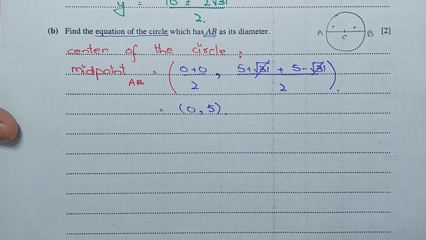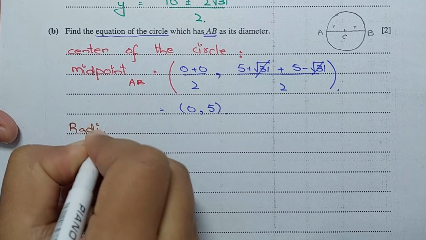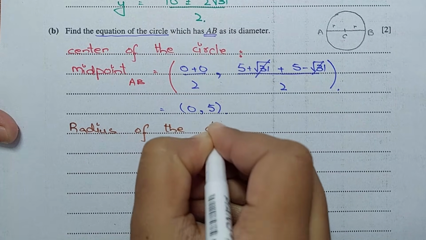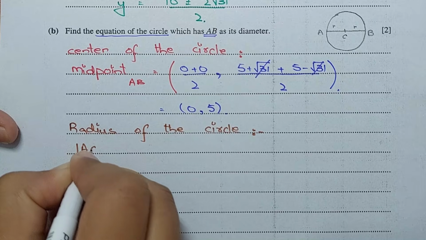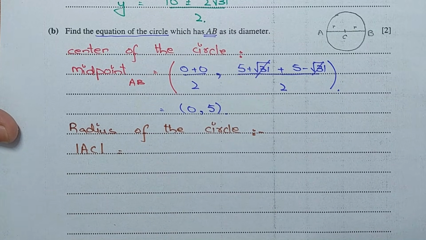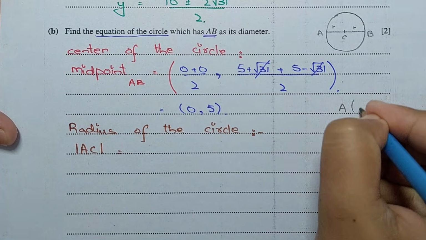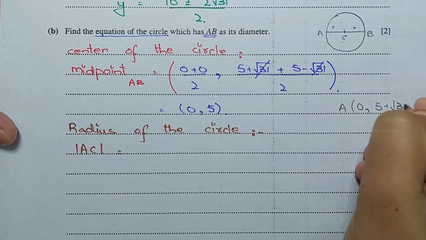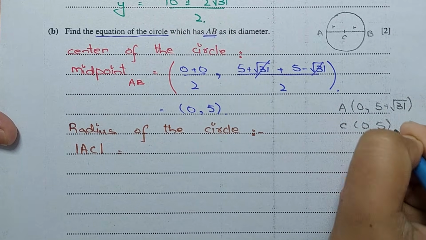Now we need to figure out the radius of the circle, right? The radius of the circle is basically the distance from A to the center or B to the center. So the coordinates of A we can rewrite: the x coordinate is 0 and the y coordinate is 5 plus root 31, and the coordinates of the center are 0 and 5.